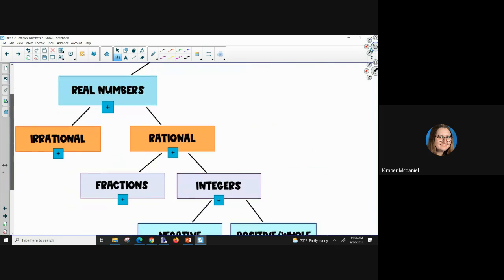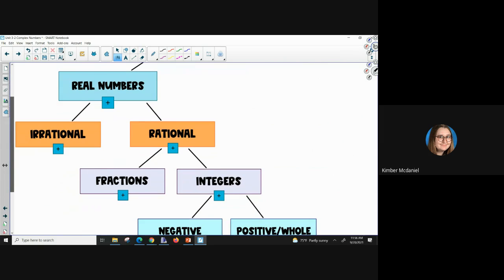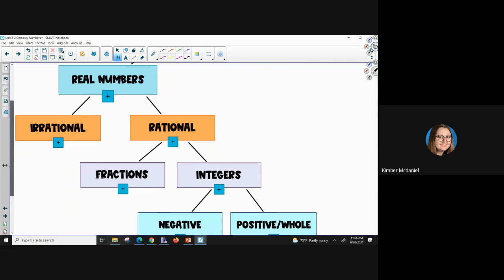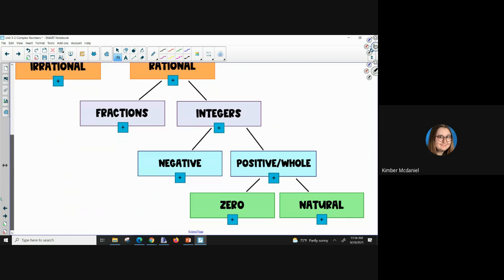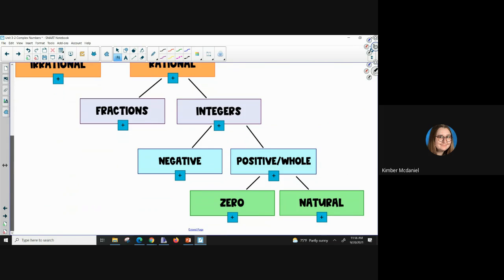Real numbers can be broken up into irrational and rational numbers. Rational numbers can be broken up into fractions and integers, okay? Integers can be broken up into negative and positive / whole numbers. And then lastly, positive and whole numbers can be broken up into 0 and natural numbers. And natural numbers are like our counting numbers, okay?